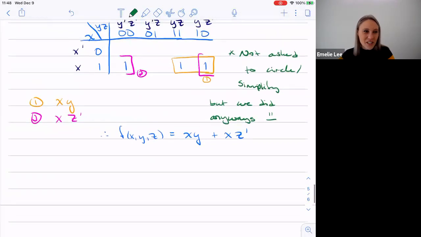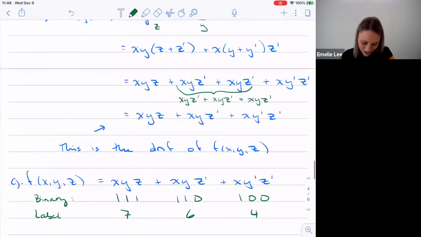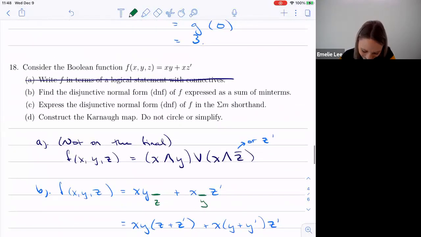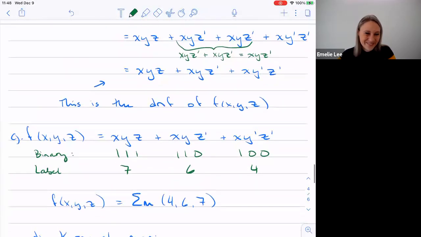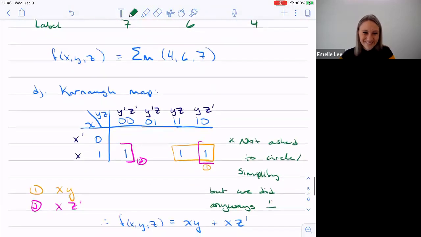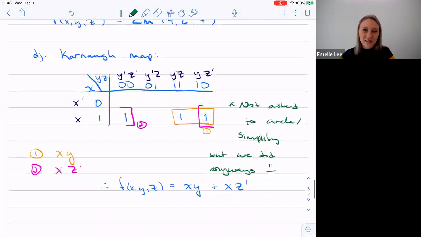Oh, is it the initial function? No wonder. Let's see here. Yep. You want to do the circling on the final? You got it. Oh, you don't like the exponentials, huh? All right. Well, that's good to know. I'll make sure you don't get back to the original function.